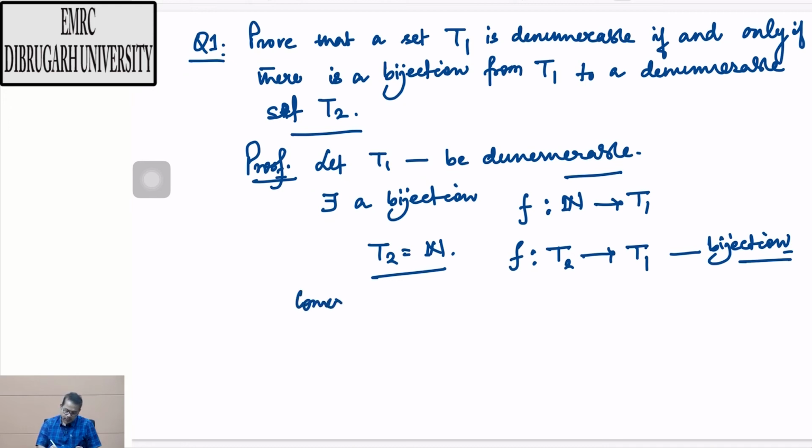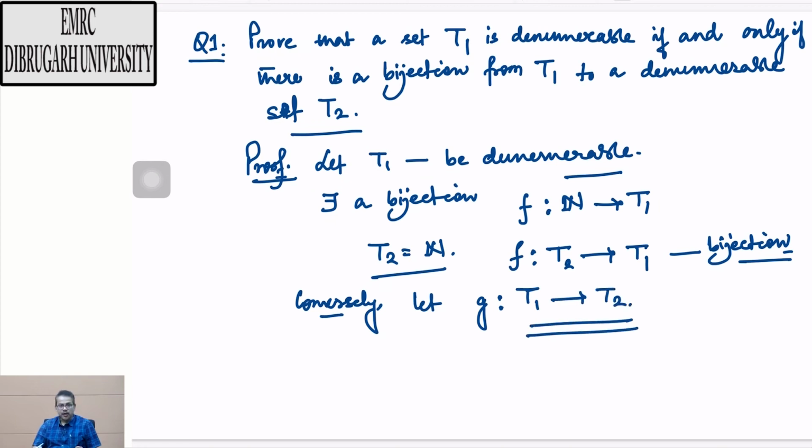Conversely, let Z be a bijection between T1 and T2. What I want to show is that T1 is also denumerable, where T2 is denumerable. Because T2 is denumerable, we can always find another bijection H from N to T2.